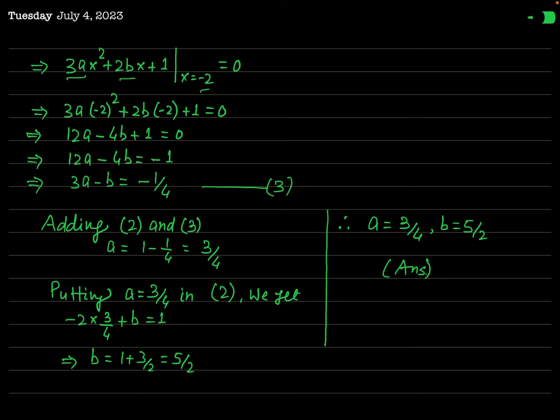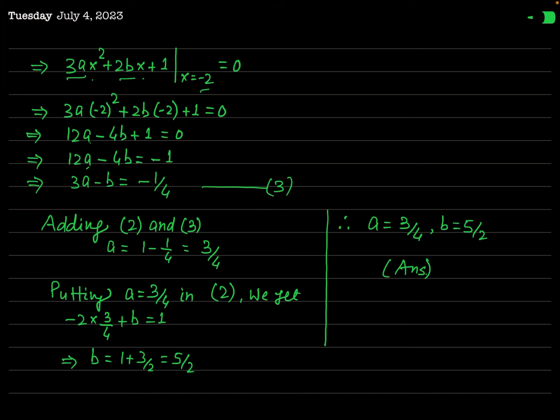So we will put x equal to -2 at the place of this x and this x. So this will be 3a times -2 square plus 2b times -2 plus 1 equal to 0. And after simplification, we will get 12a minus 4b plus 1 equal to 0. And so you can write 12a minus 4b equal to -1.